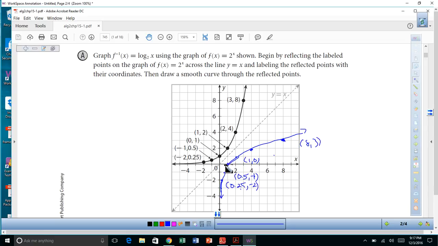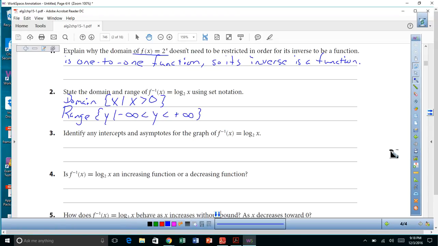It crosses the x-axis here at 1, and then it keeps on going up this way. So there are no horizontal asymptotes, and the y-axis may serve as a vertical asymptote.